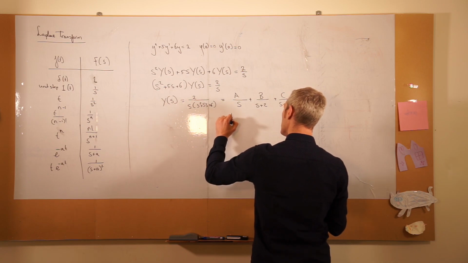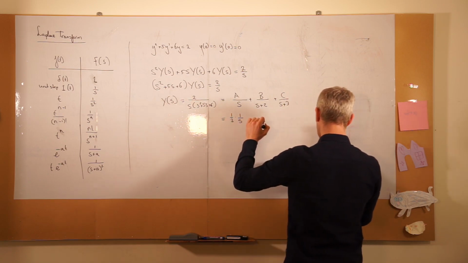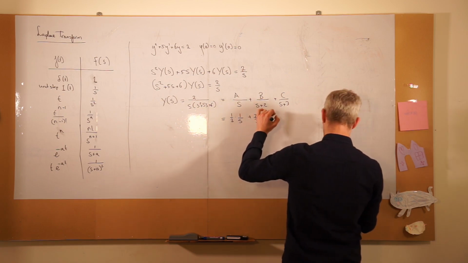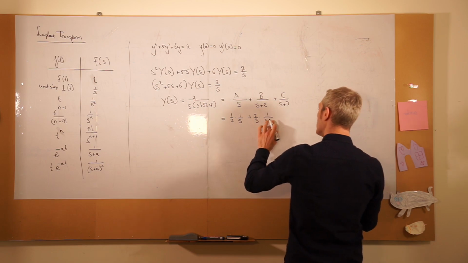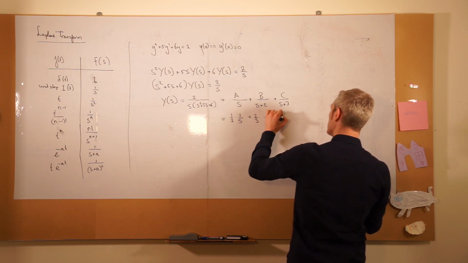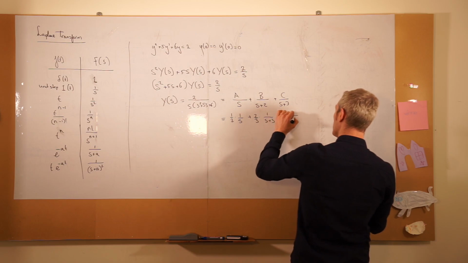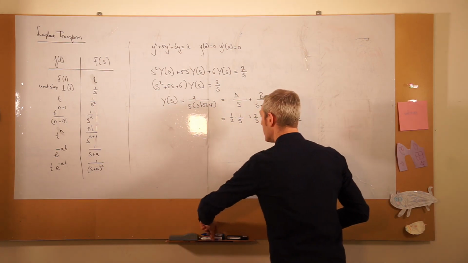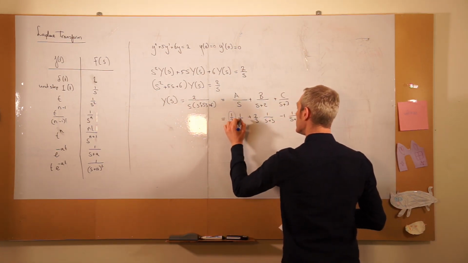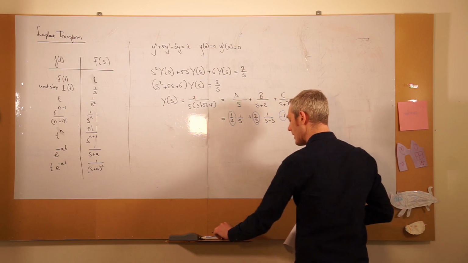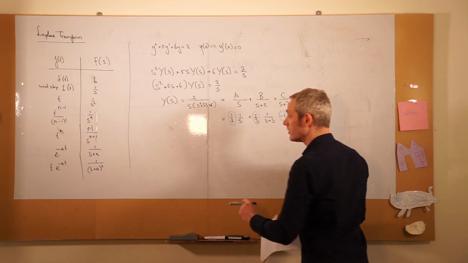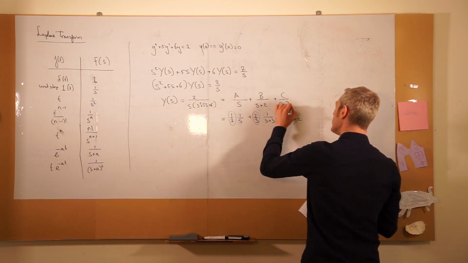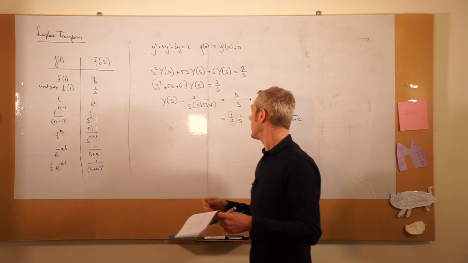In our case, this is equal to 1/3 times 1 over s plus 2/3 times 1 over s plus 3, minus 1 times 1 over s plus 2. So now I have these coefficients here. And we have fractions 1 over s, 1 over s plus 3, and 1 over s plus 2, which I can find over here.